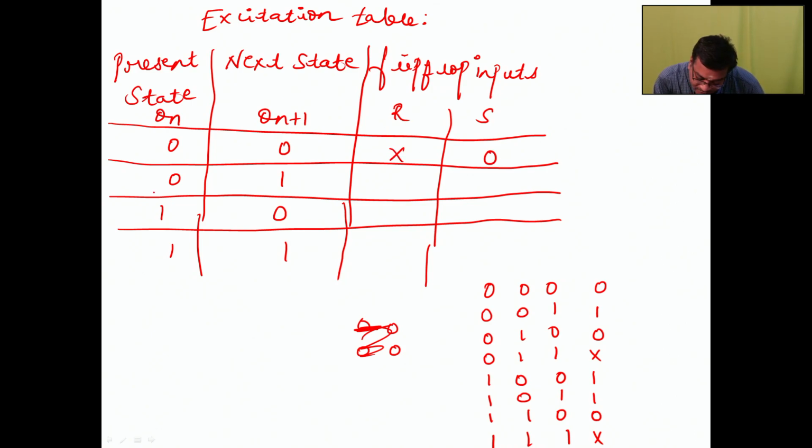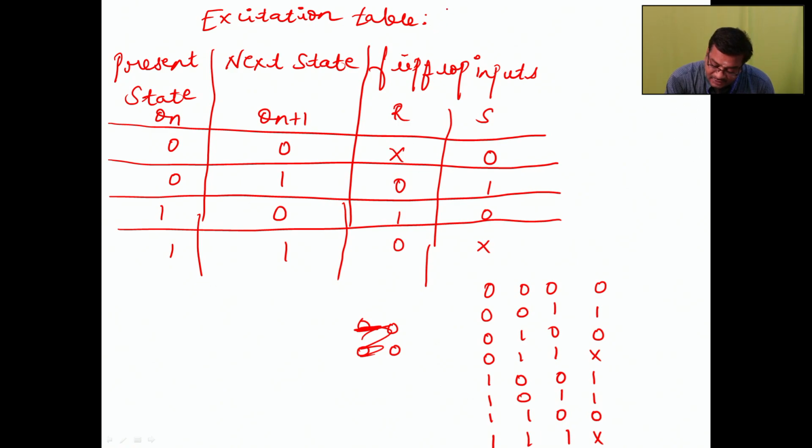Similarly, present state 0, next state 1: 0 1. Present state 1, next state 0: 1 0. Present state 1, next state 1: 0 don't care. This is the characteristic table, the excitation table for the SR flip-flop.